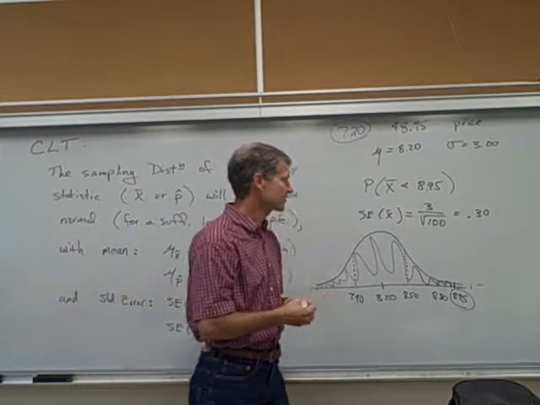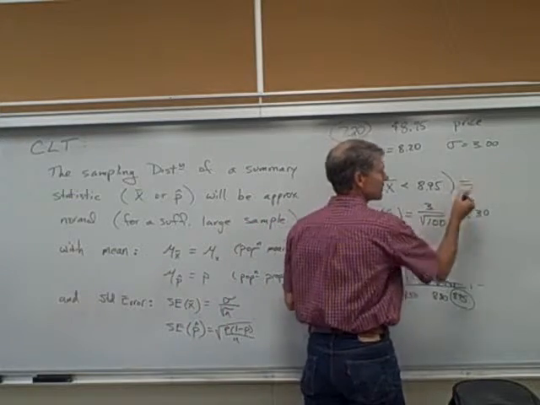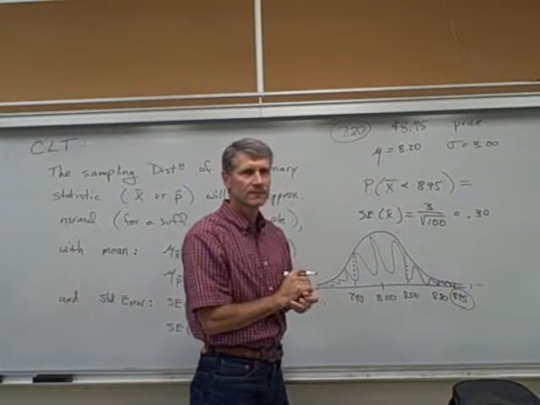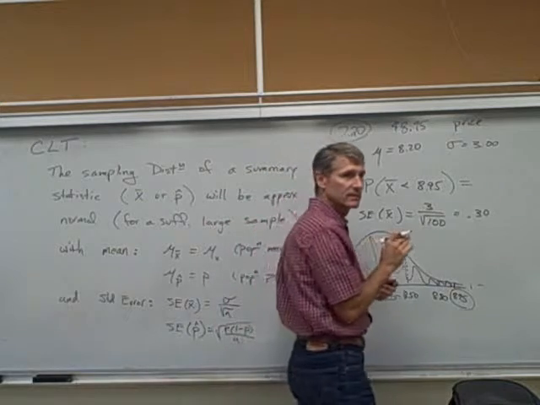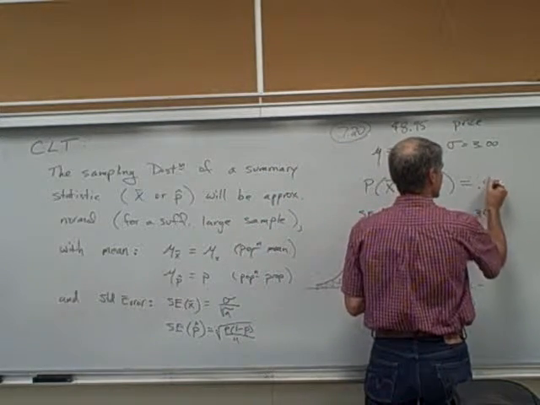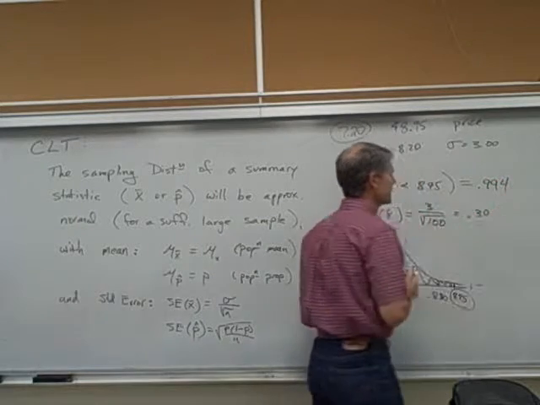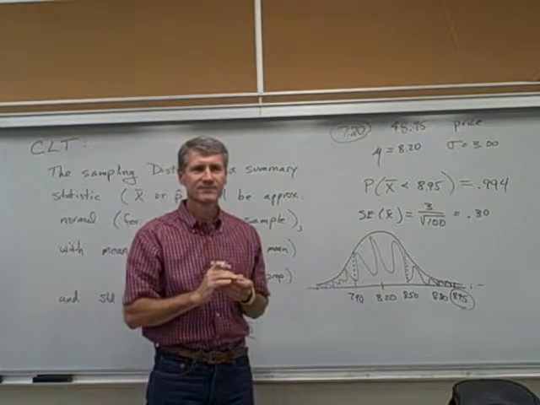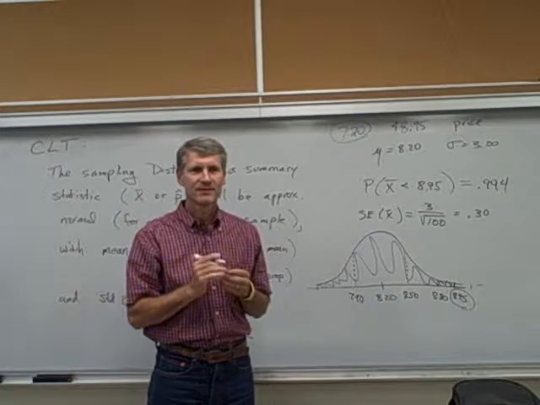So anybody have the answer? You got it? It doesn't seem right. 0.994, I guess. And why doesn't that seem right? It seems like she's always going to make a profit.